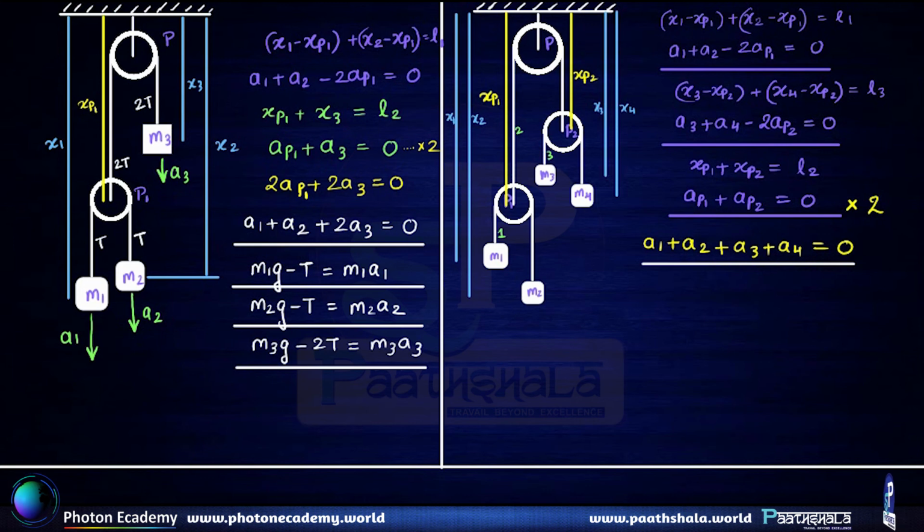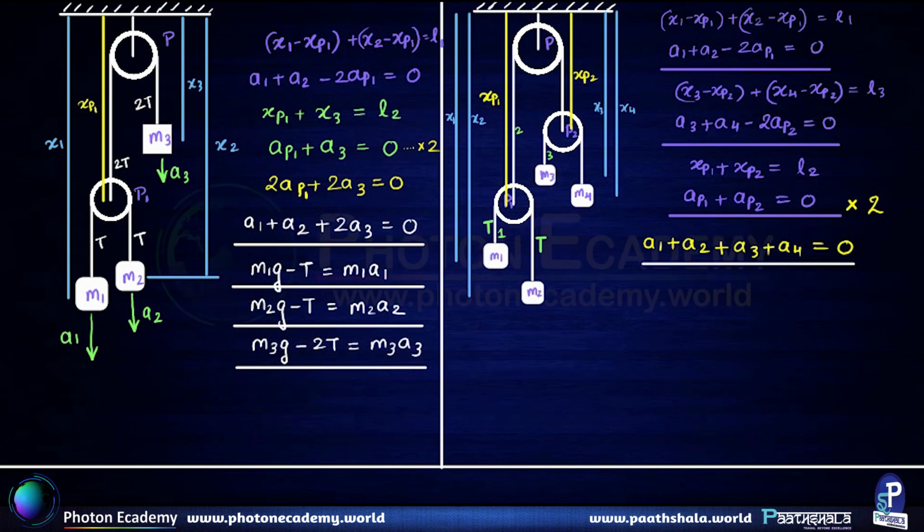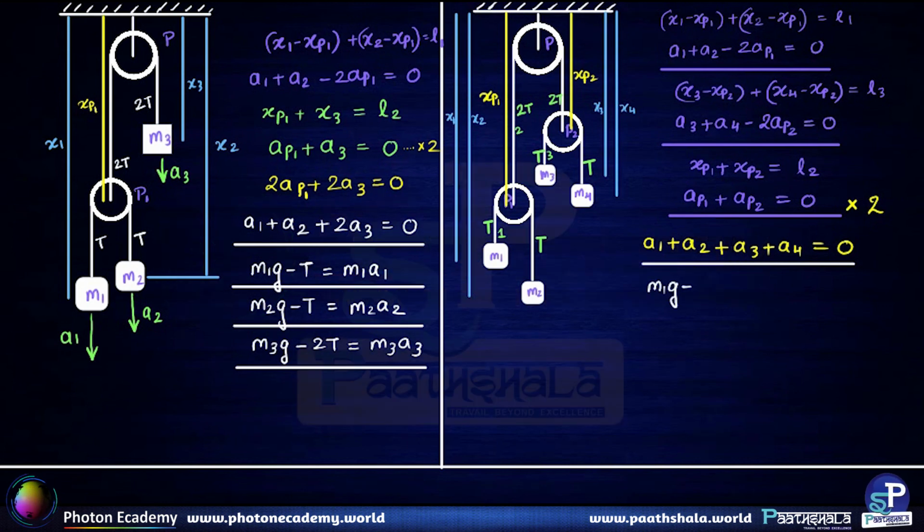Okay, so the equations for all the masses are simple over here. The tension in the strings are as shown. So this is T, this is T, this is T, this is T, and the tension in string 2 happens to be 2T. Alright, so for the mass m1 we can simply write m1g minus T is equal to m1 a1.